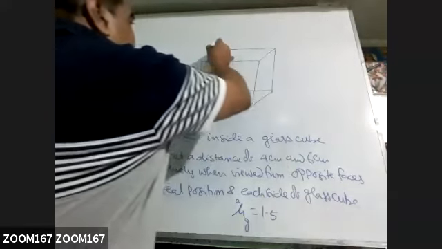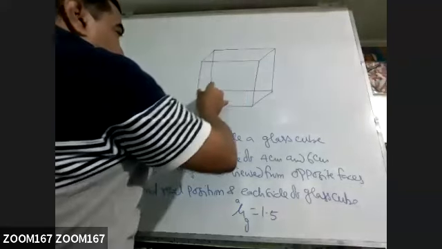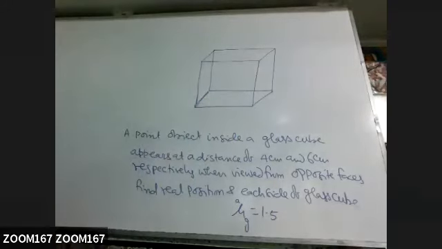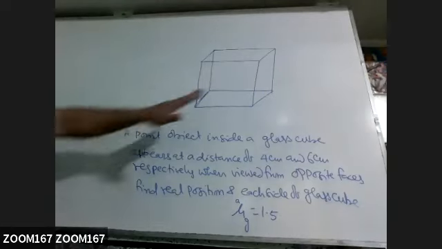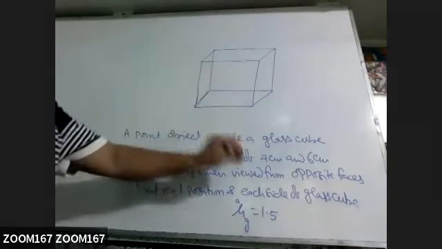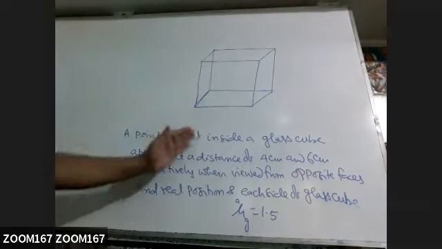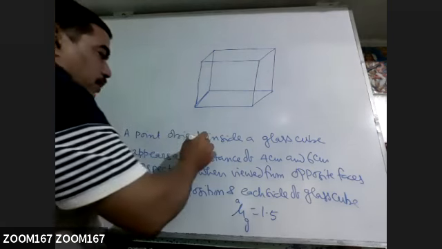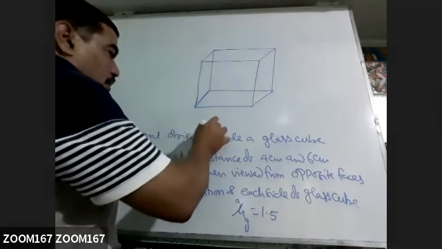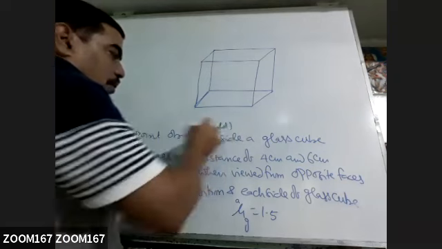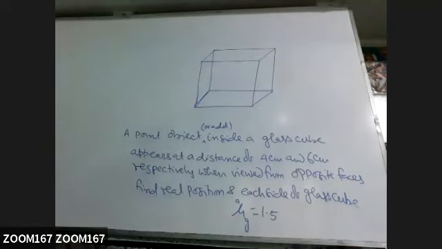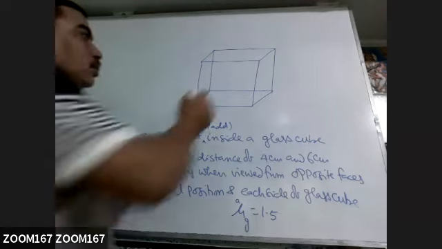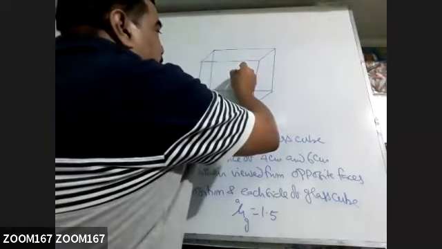But this is the glass tube. Inside this tube, somewhere this dot is present, a point object or dot, whatever it is. Sometimes it will be given as a point object or a dot, color dot or ink dot, whatever is asked, whatever is given. So the point object is present somewhere here.